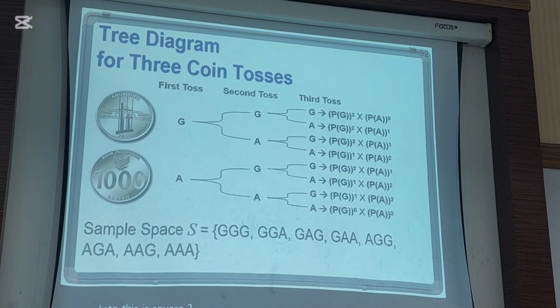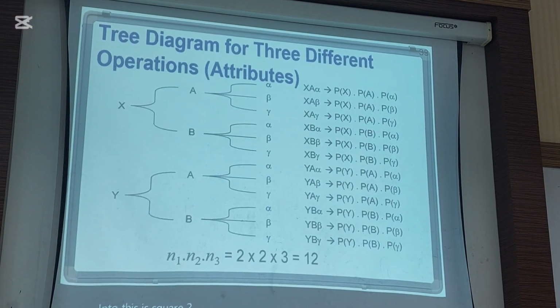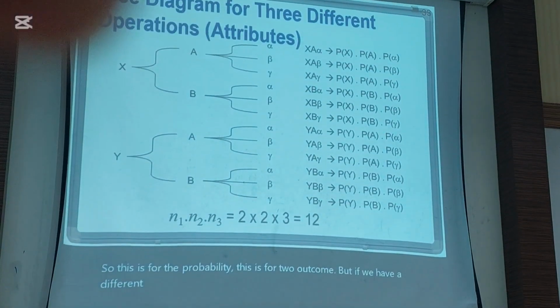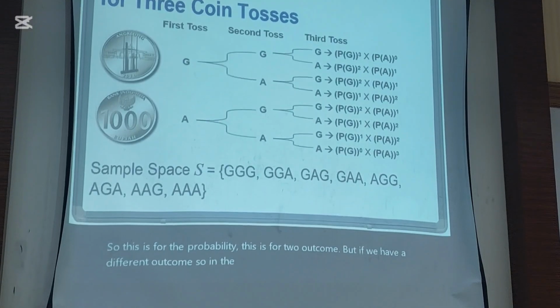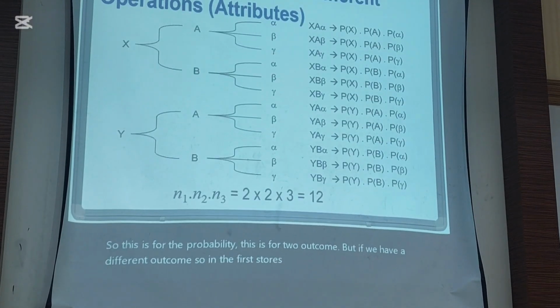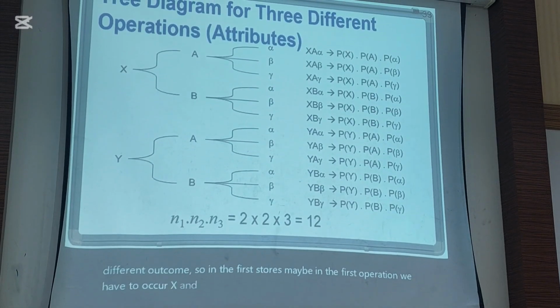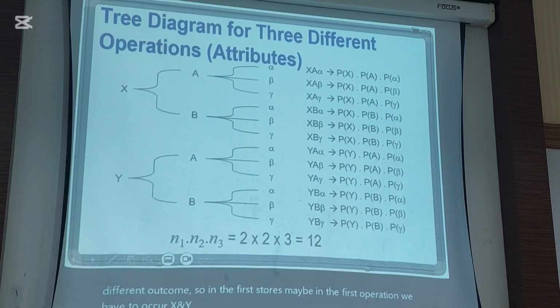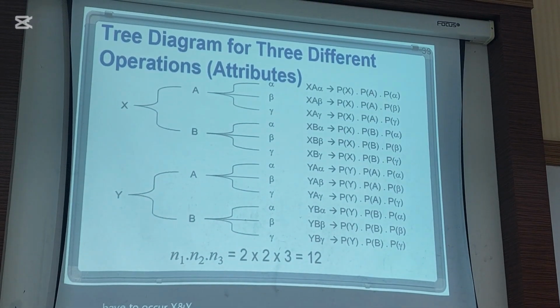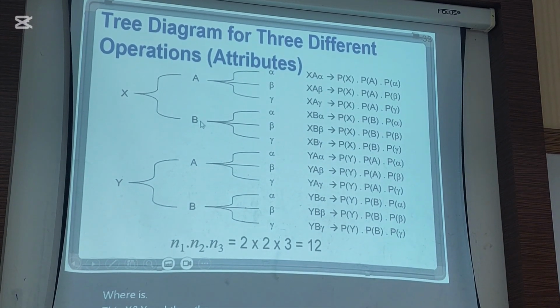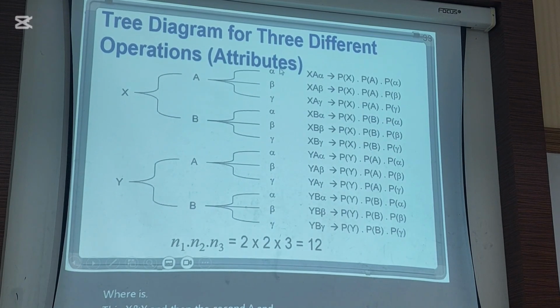This is for 2 outcomes, but if we have different outcomes, in the first toss, in the first operation, we have 2 outcomes, X and Y. Then the second is A, B, the third is alpha, beta, gamma.